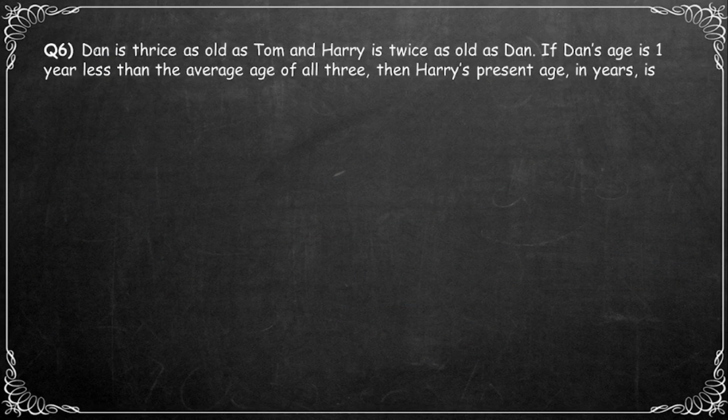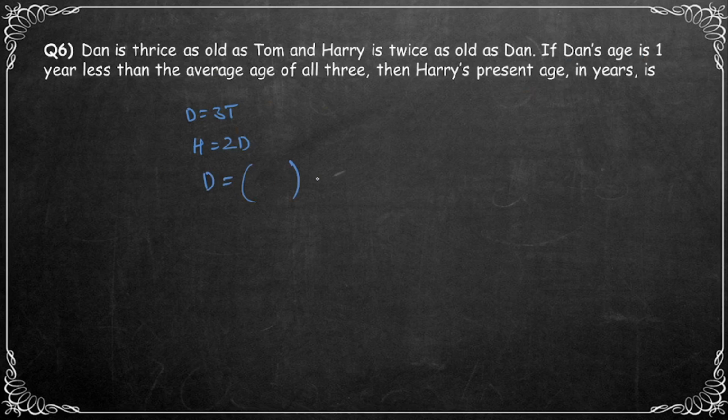Question 6. Dan is thrice as old as Tom and Harry is twice as old as Dan. If Dan's age is 1 year less than the average age of all three, then Harry's present age in years is. Dan's age is equal to 1 year less than the average.